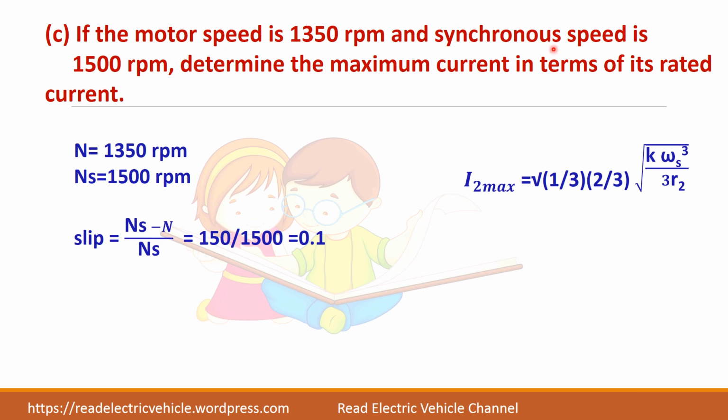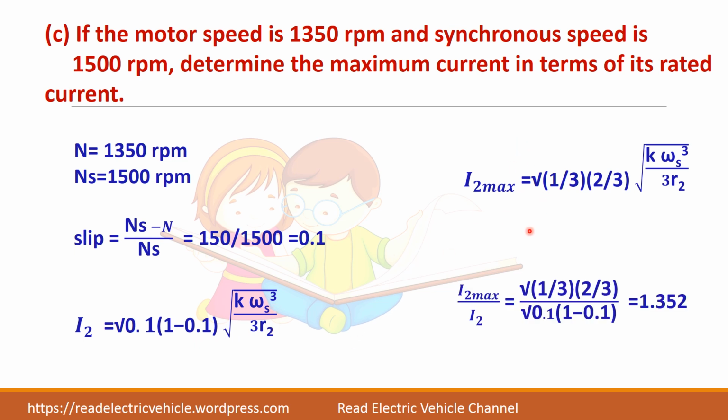We have to find the rated current. For rated current, you substitute slip equal to 0.1 instead of S, and you will get the expression. Now you divide these two, you will get the relation for maximum current and rated current. So I2 max is equal to 1.35 times I2 rated is the relation.